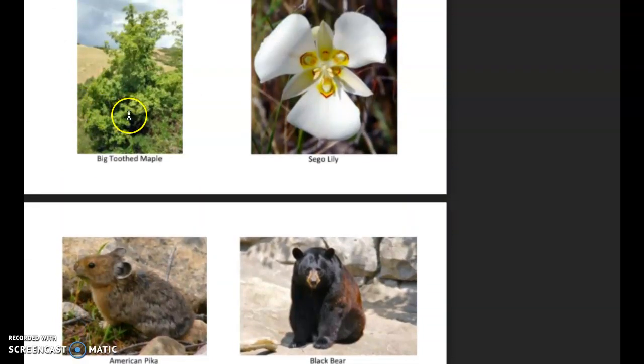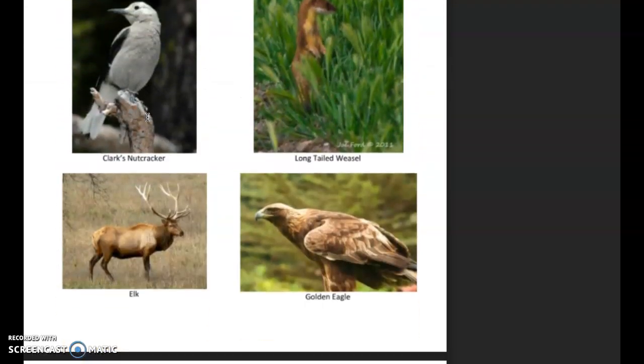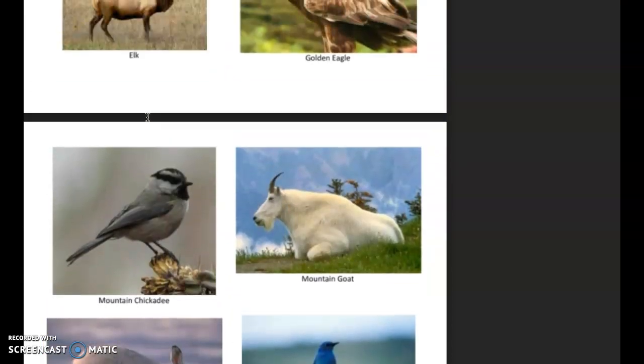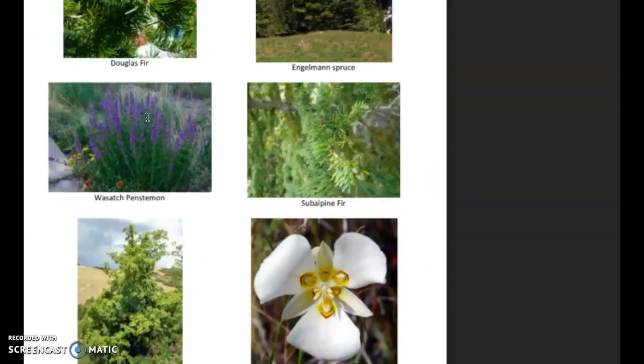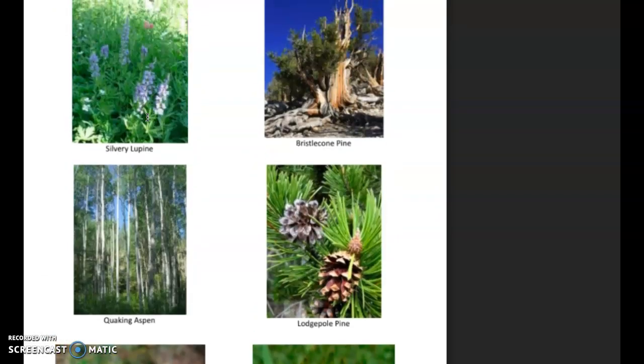Big tooth maple, that does not look like it has needles. And a bunch of other animals. Okay, do you see a pattern that we could make a group with? I do.